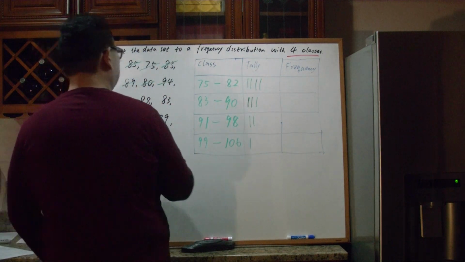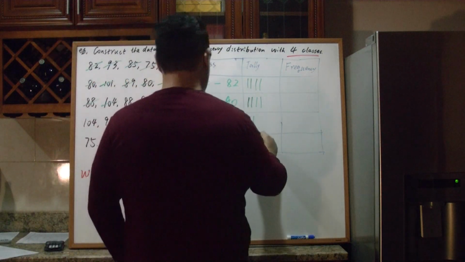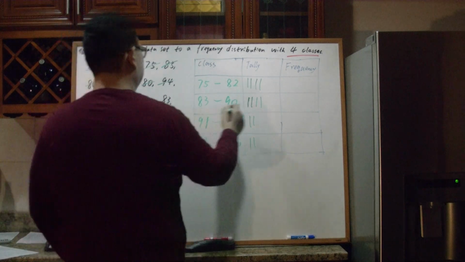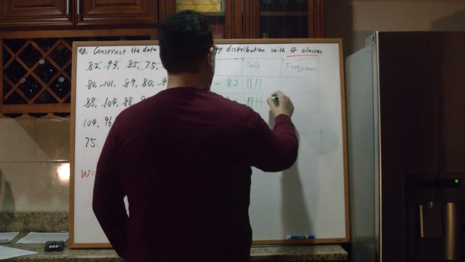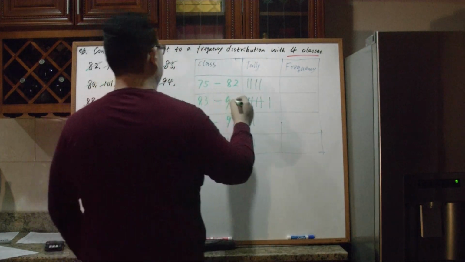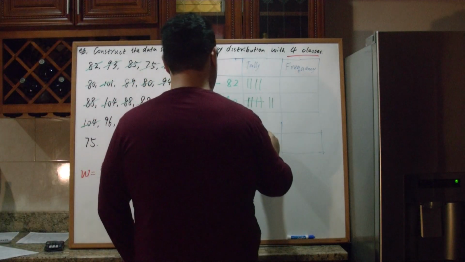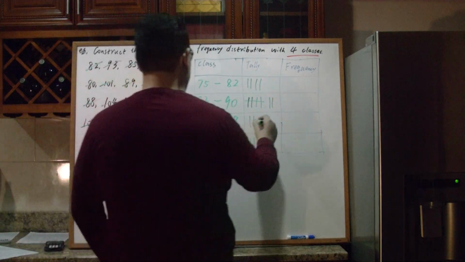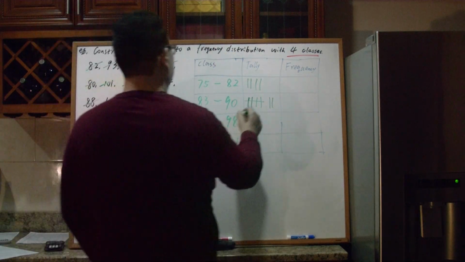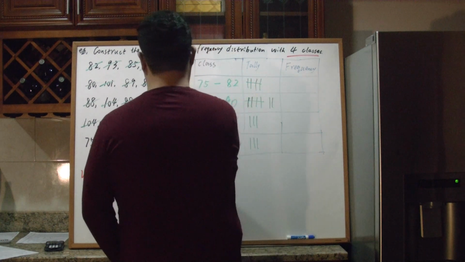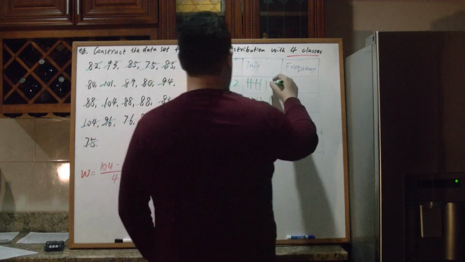Then 88 in our second class, 104 in our last class, 88 second, 5 together, right? 88, another 88. 83 is in the second class. 104 is in the last class. 96 in the third class, right? Then 76 in our first class, 80 in the first class, 79 and 75 both in the first class.